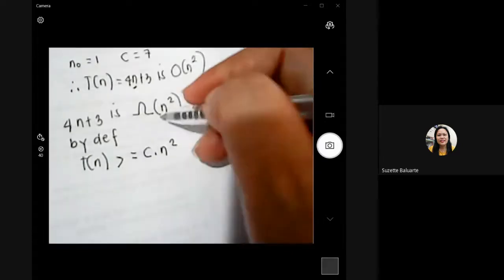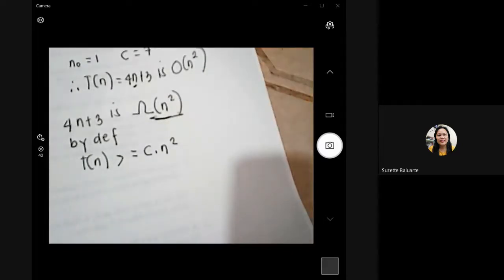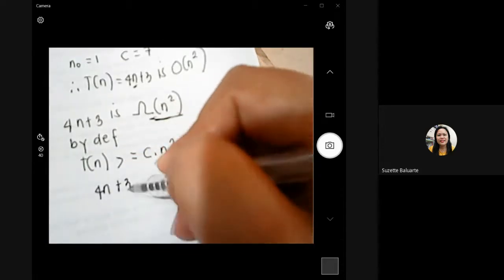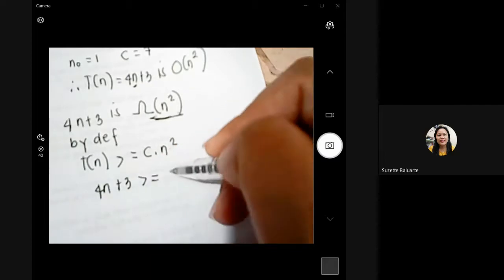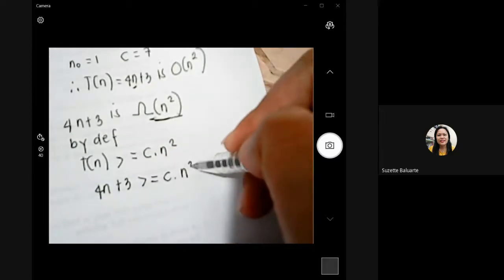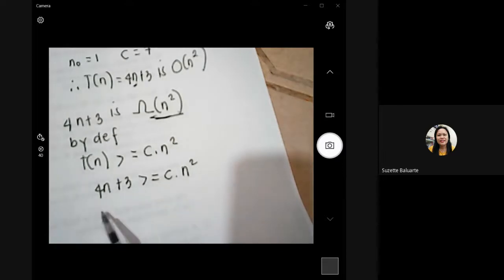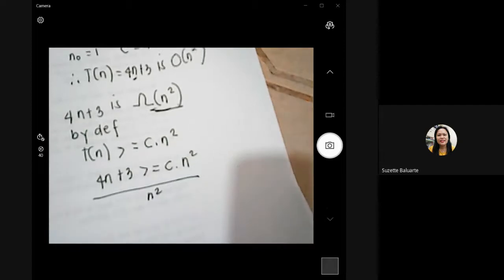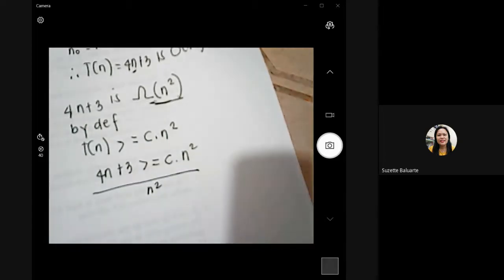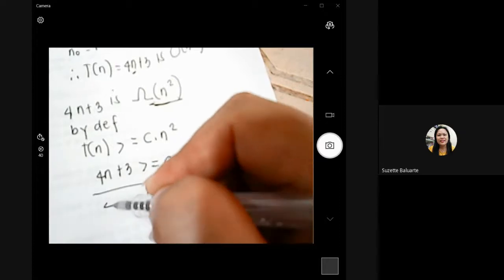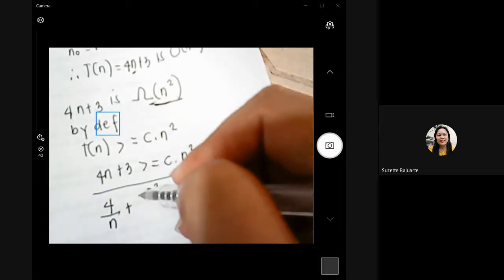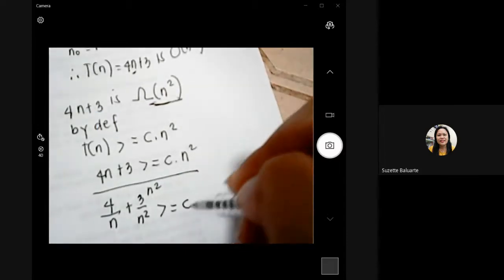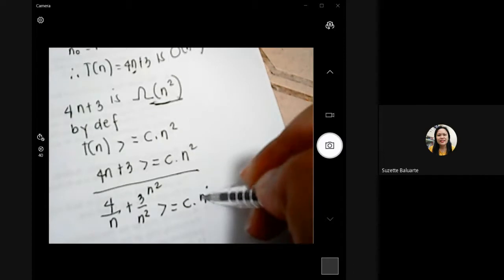So we put 4n plus 3 is greater than or equals to C of n squared. Now we divide it by n squared. So it would be 4 over n plus 3 over n squared is greater than or equals to C. Ay, C na lang, rather.